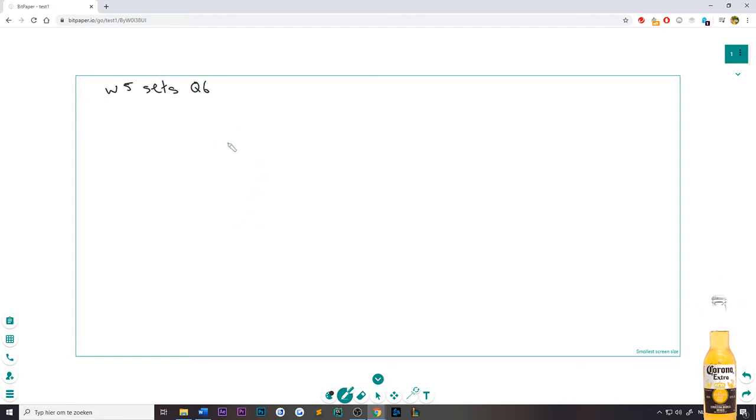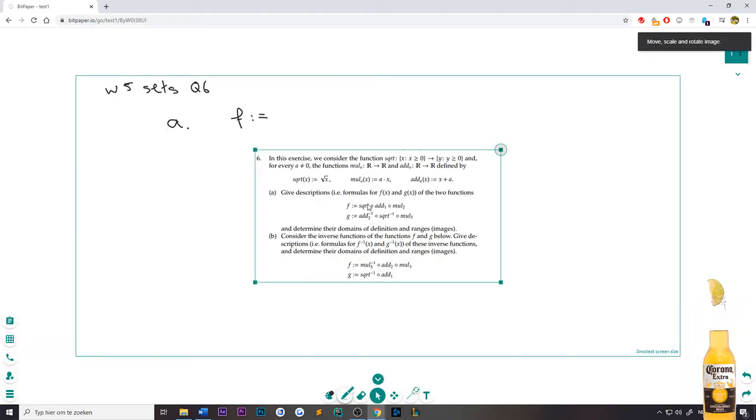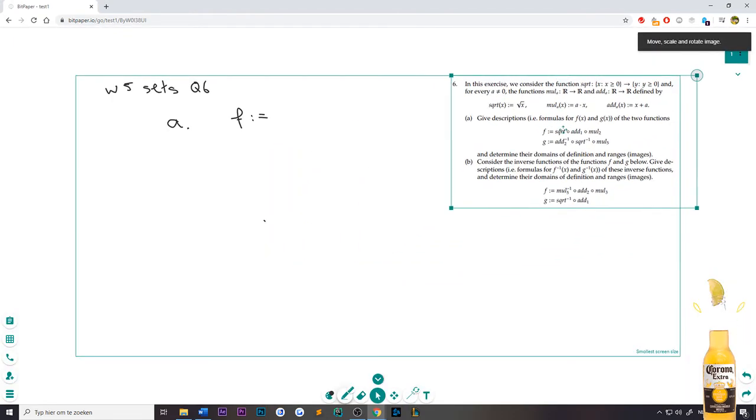For question A, we need to give descriptions or formulas for f of x and g of x, the two functions.